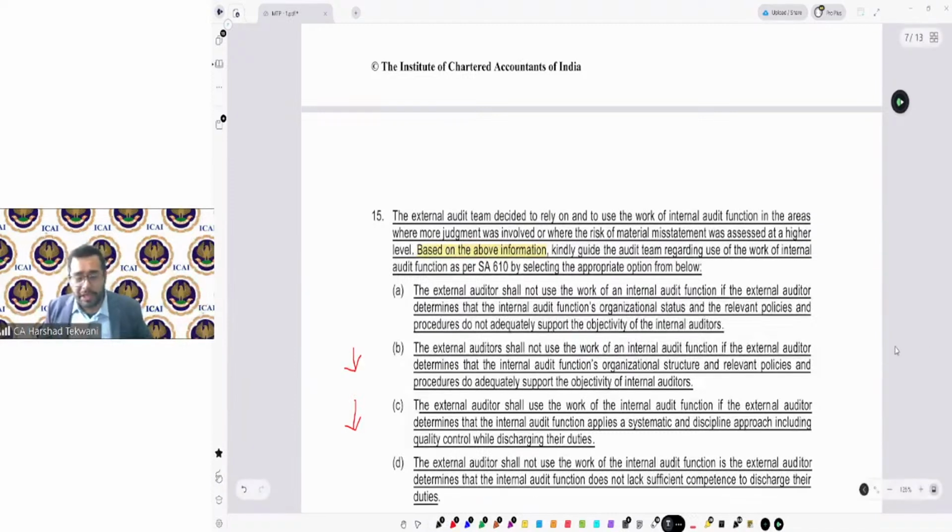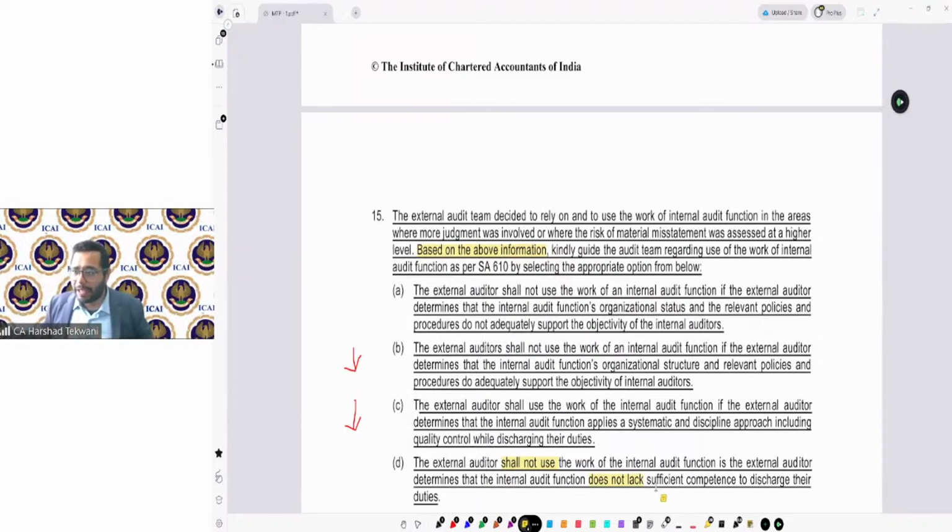Now, if you read this particular point D, what you will say is shall not use. Okay, but when? If they do not lack. When they lack, it's appropriate not to use.